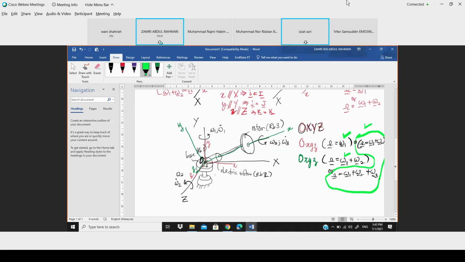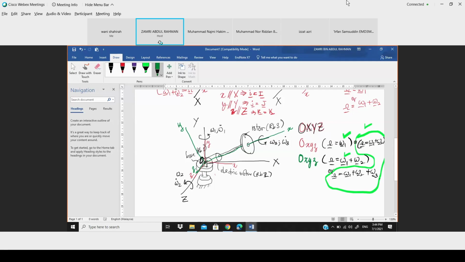Bila kita nak pilih yang warna merah ni sahaja, bila nak kena pilih yang merah dan yang hijau sekali? Dia bergantung kepada apa analisis yang kita buat. Kalau kita sekadar nak cari velocity and acceleration of, let's say ini kita panggil O, let's say this point right here, okay, kita guna warna hijau lah ya.